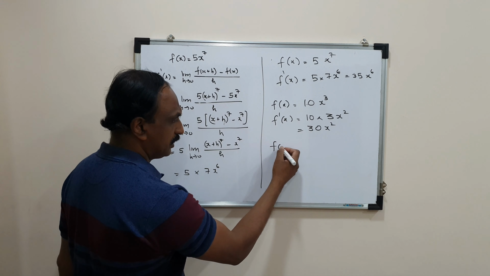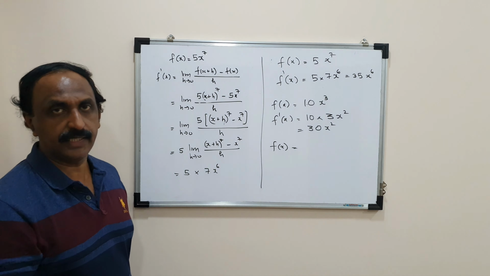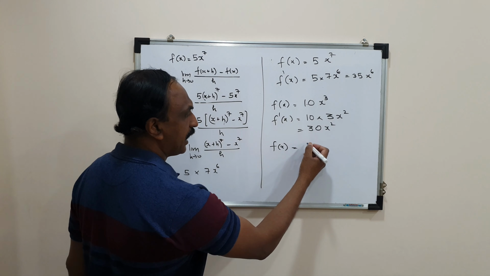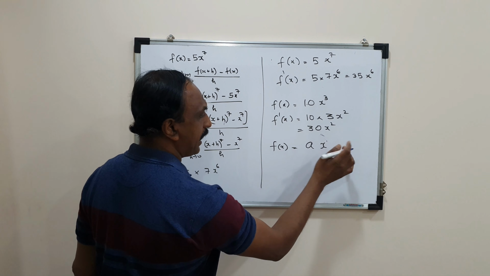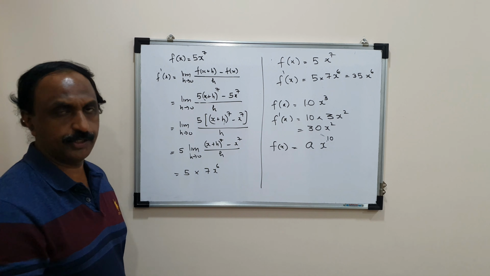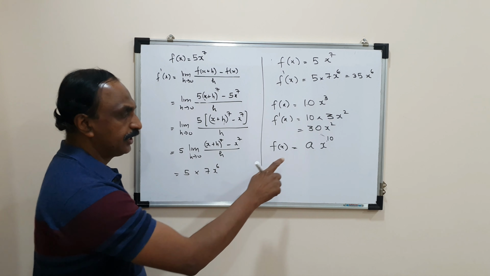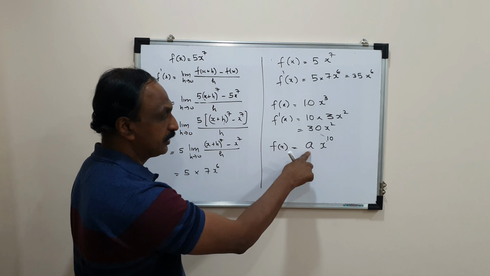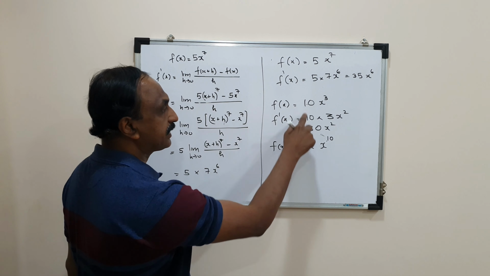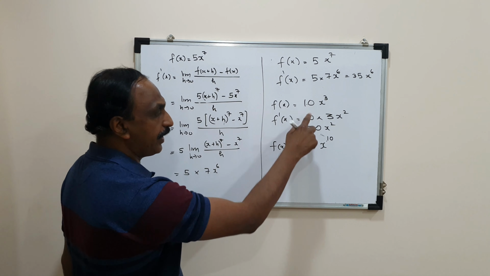Again, notice this. Let's suppose I write the function as, let's say, a times x raised to 10. What will be the derivative of a x raised to 10? Now remember, the function's variable is x, f of x. x is a variable. So a is a constant. a is like 10. There's no variable in a.